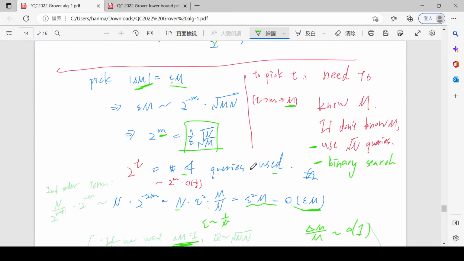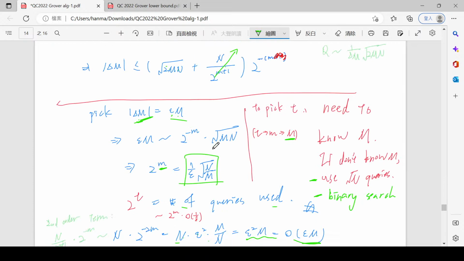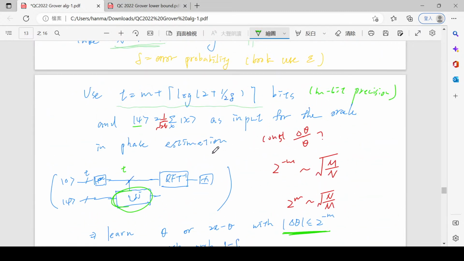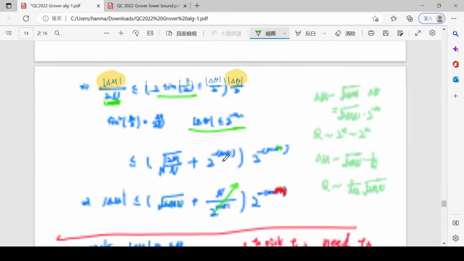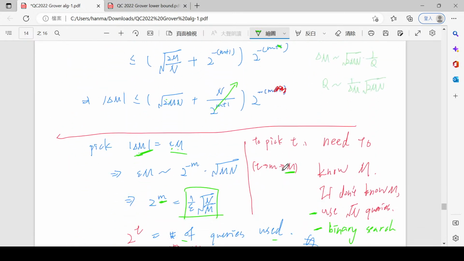And if you still remember, there is a little tricky point here. There is a little circular logic, because if you want to actually have this scaling, then you also need to know m to pretty good precision, because you need to know m to set up your algorithm with the correct n, correct m and correct t.